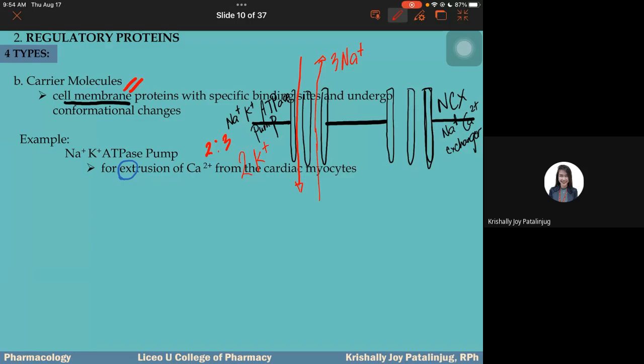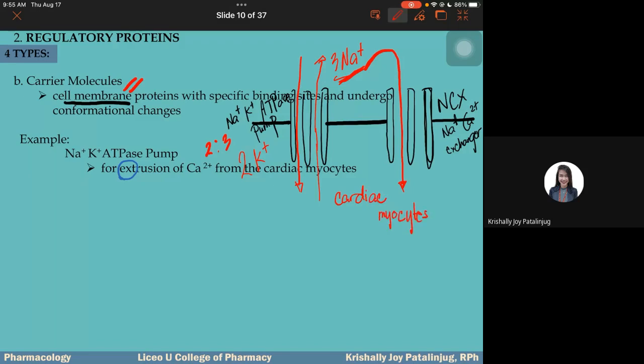Now, why is the ratio of potassium and sodium ion not equal upon exchanging? The extra sodium ion will go back inside the cardiac myocyte, inside the cell.